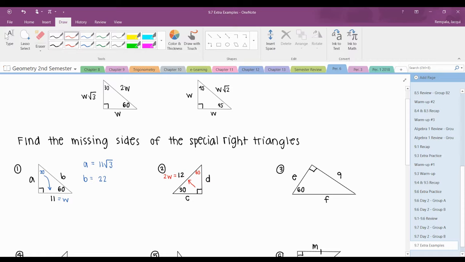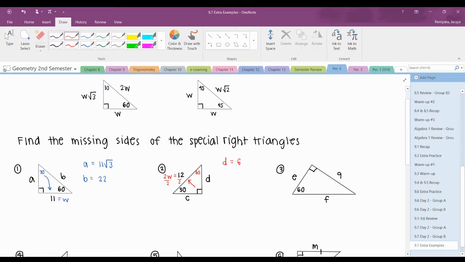I get to take 2W and set it equal to 12. So how do I solve for W? I divide both sides by 2. Remember, W is going to be the side across from 30. In this case, that's going to be the side that's represented with the letter D. So take half of 12, that gives me 6.